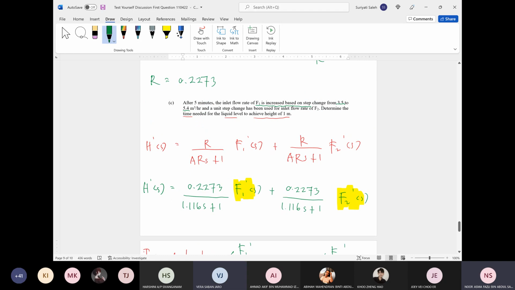In this case, a unit step change has been used for inlet flow rate of F2. So what is the magnitude of F2? One. Why is it 1?